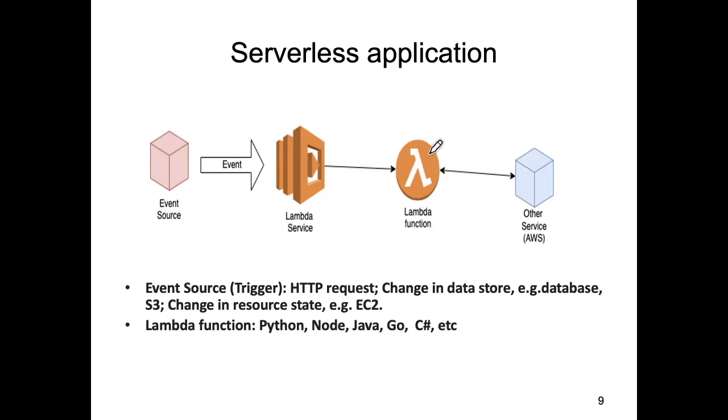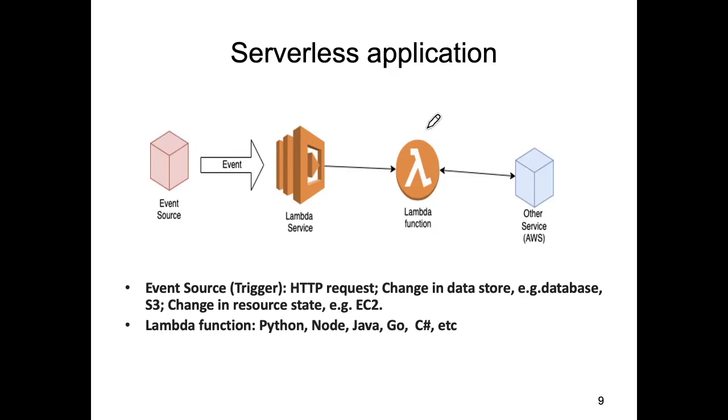So that's what we call scaling up. The Lambda service will take care of that automatically for you. If there's a low volume of events occurring, then maybe all we need is one Lambda function executing at any particular point in time.